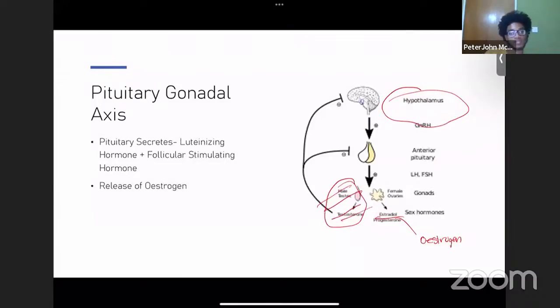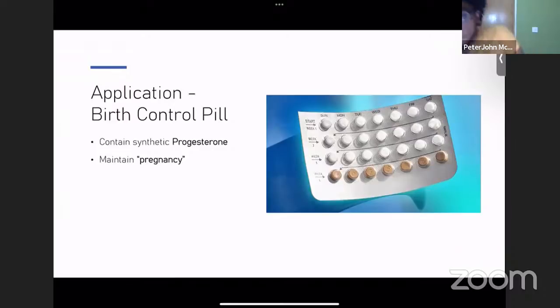All right. Birth control pills are synthetic progesterone, so they maintain quote unquote pregnancy. And if you're pregnant, you can't have a follicle being stimulated. The follicle is not going to grow. If the follicle is not going to grow, then what does that mean? You can't get pregnant really.